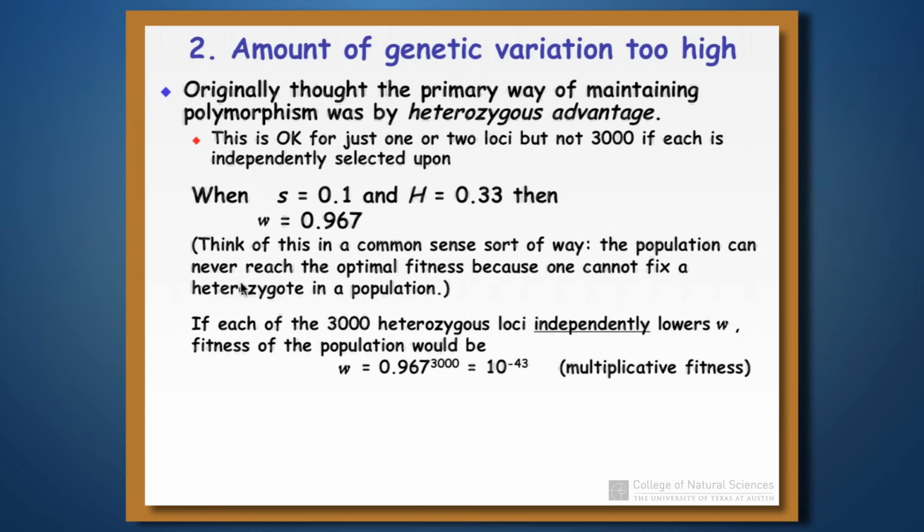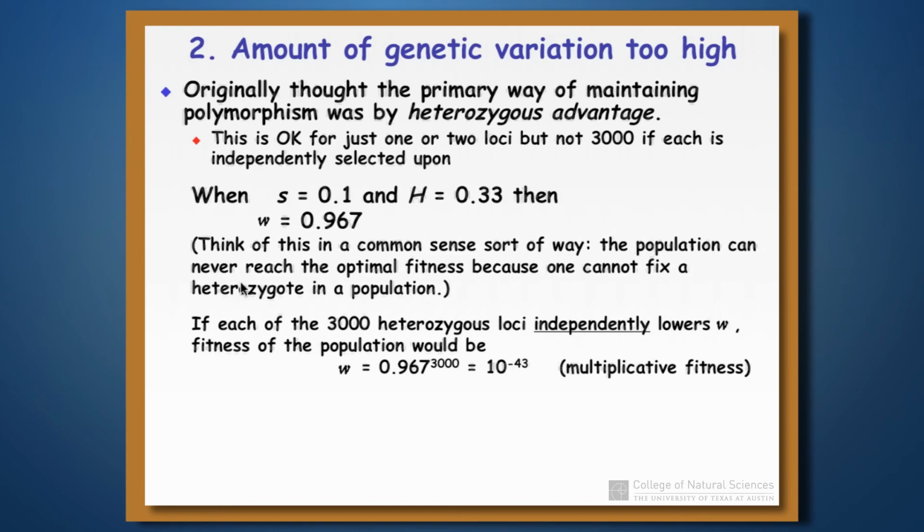The whole point of heterozygous advantage is that both of the alleles are being maintained in the population. So there is a slight genetic load that's being imposed on that population that will never go away. It would just be 1 minus W, or 1 minus 0.967.